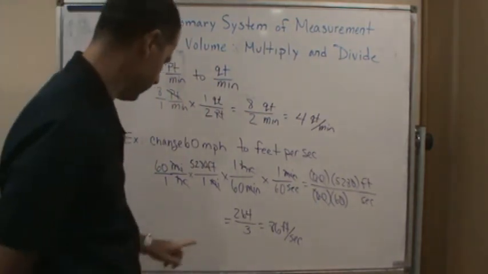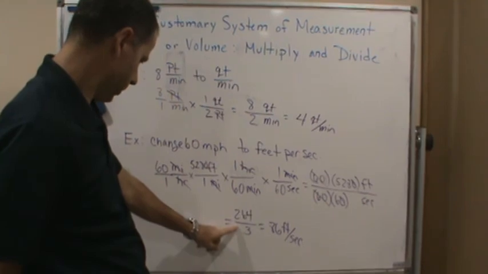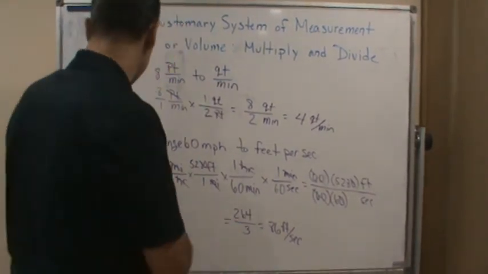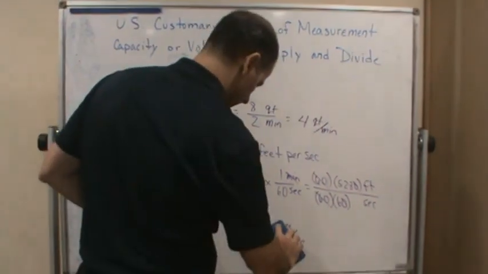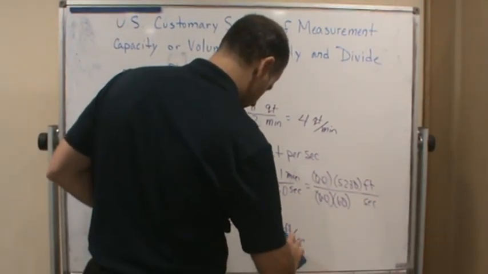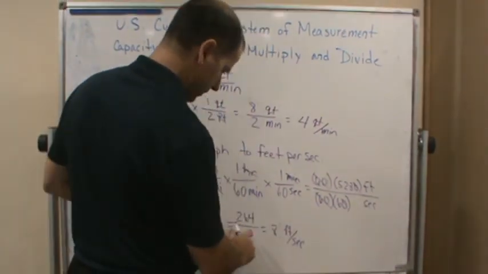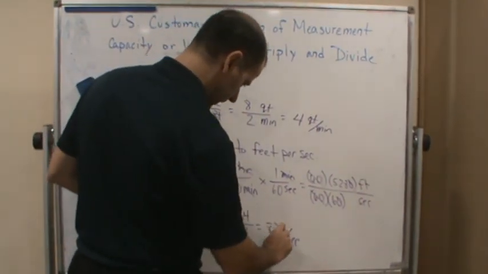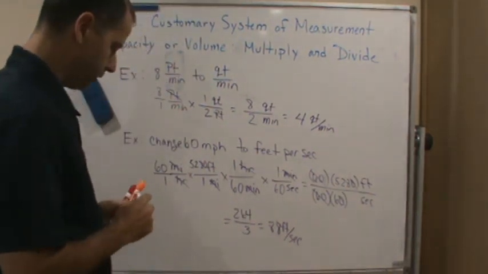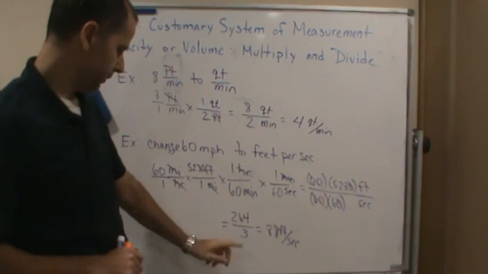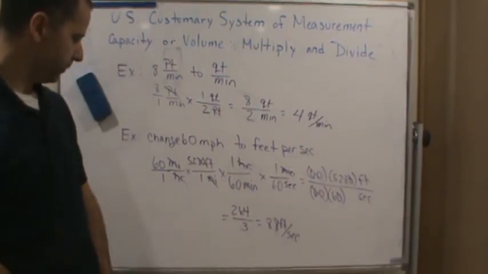Oh, this is 88. Yep, because 24 divided by 3 is 8. Okay, so 88 feet per second, sorry. So just a little calculation here. It's 88 feet per second.